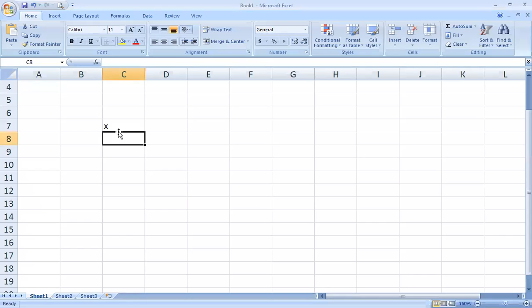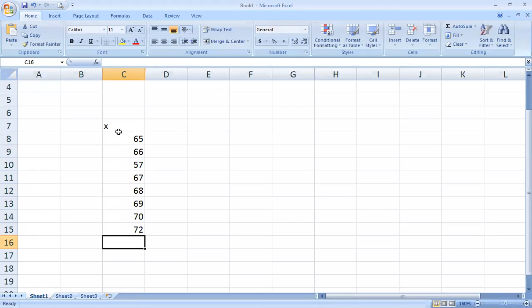So x is first 65, 66, 60, sorry, 57, 67, 68, 69, 70, 72.